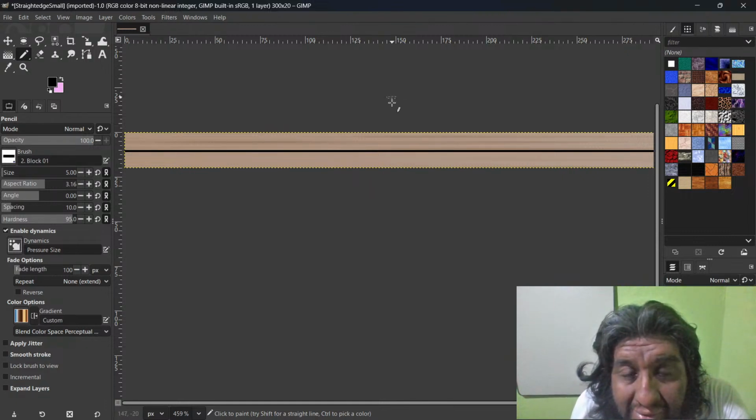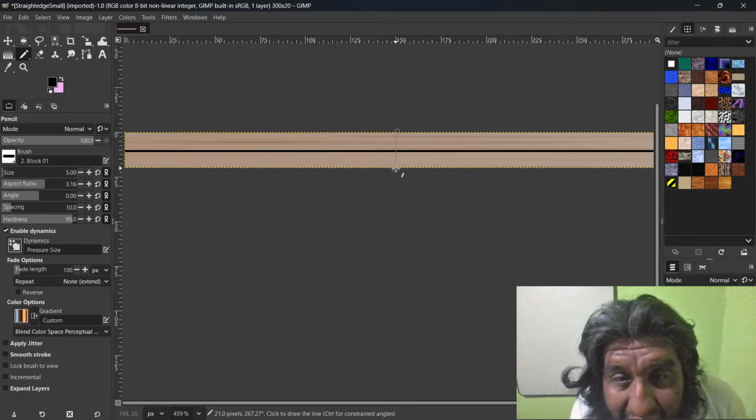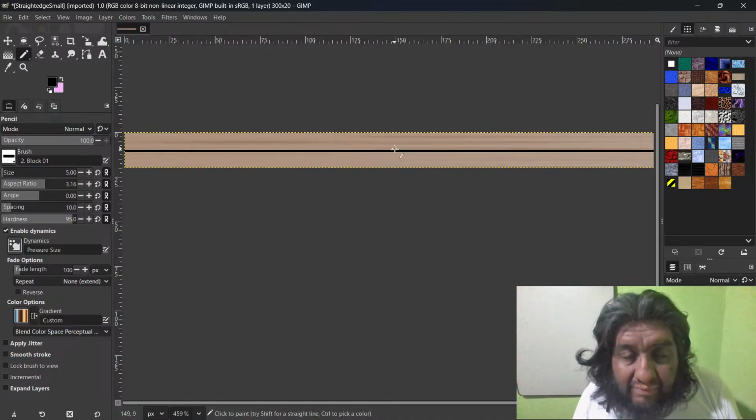Now we need one at 150. And in here there is a problem. Look how thick it is.